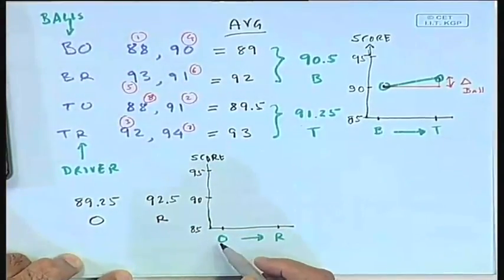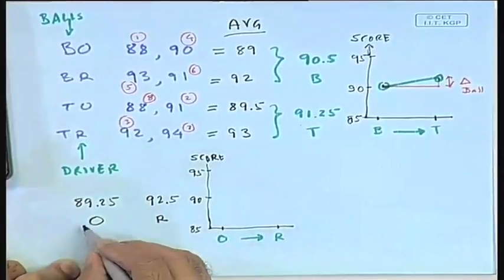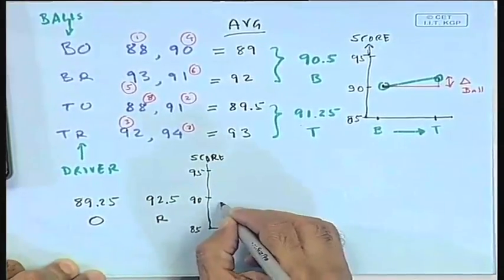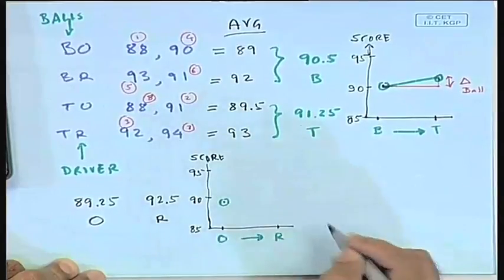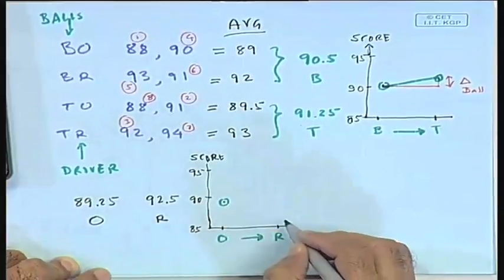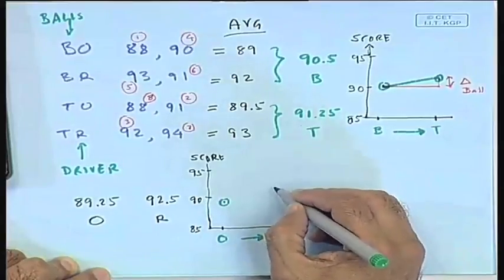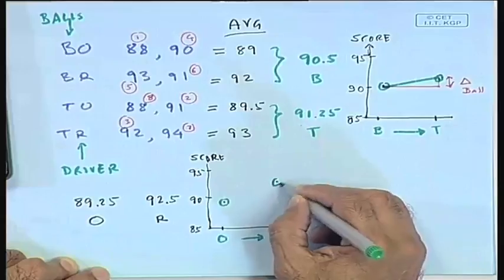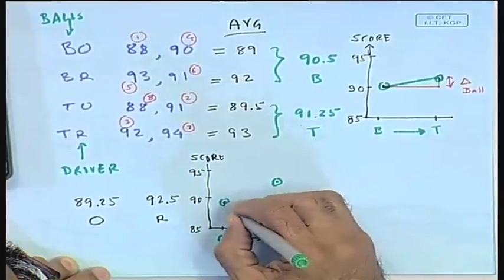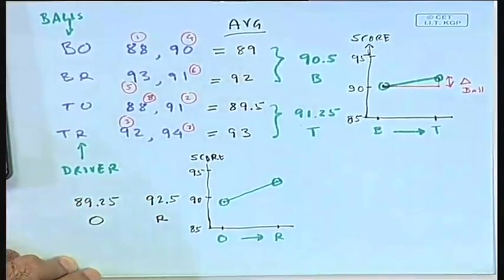For O, the score is 89.25. That's the average score, somewhere here. And for R, the average score is 92.5, somewhere up here. If I join them, that shows me an increase.